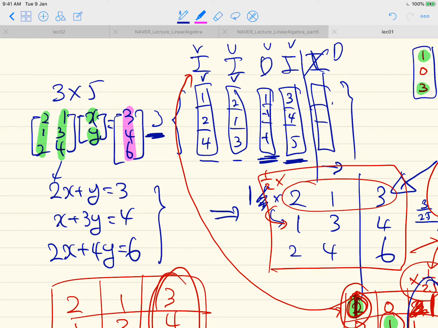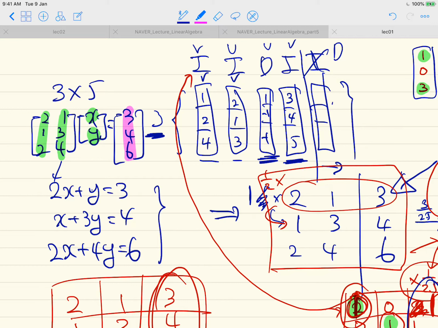The columns 2, 1, 2 and 1, 3, 4 span some plane, and suppose 3, 4, 6 is another vector outside of this plane.